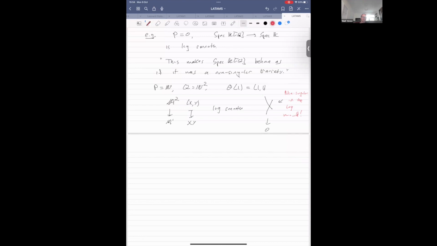So let me give you the key example here. A log smooth family of curves, definition.